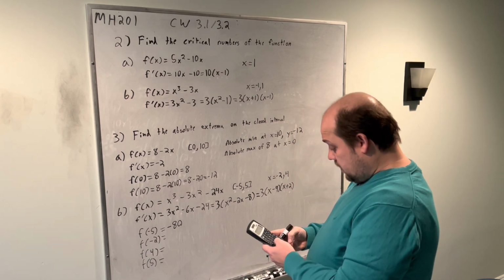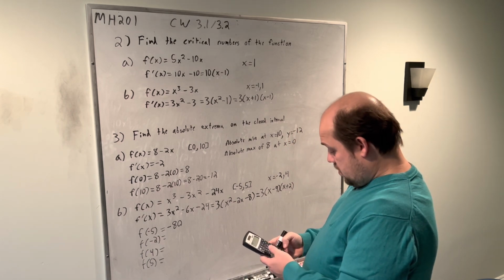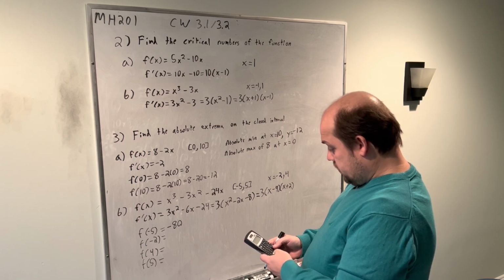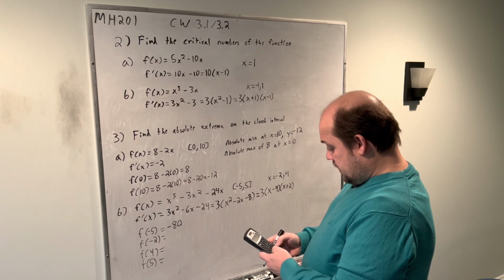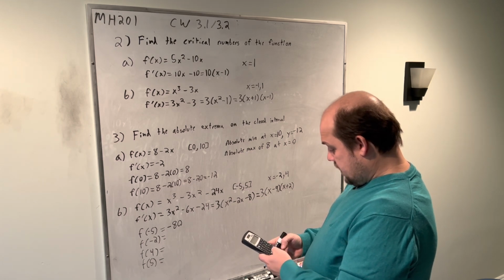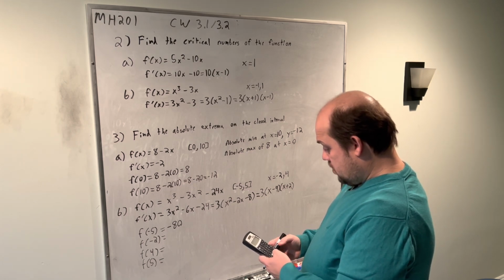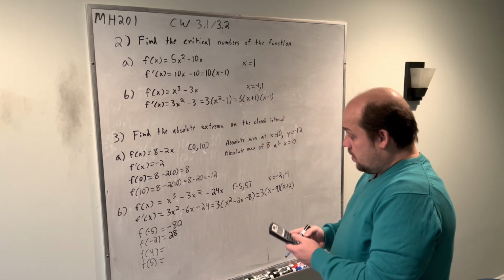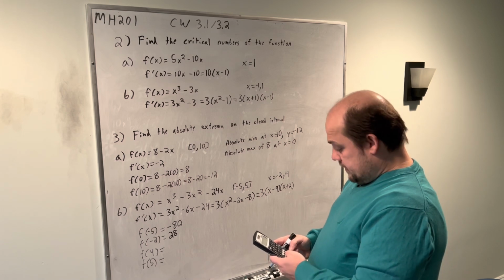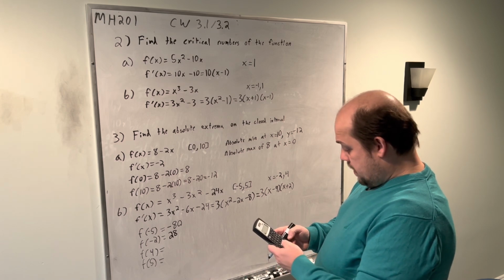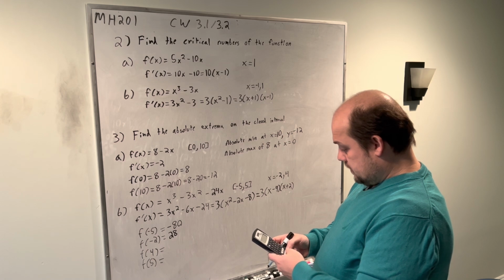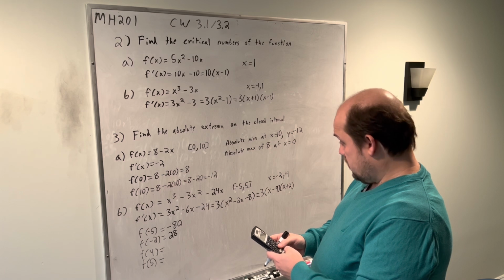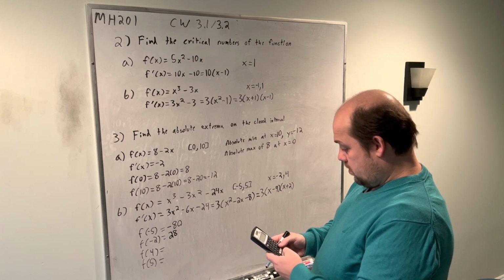If I now do negative 2 cubed, that gives me negative 8, minus 3 times negative 2 squared, which is 4, minus 24 times negative 2. When I do that, I get a value of 28. When I put in 4 cubed is 64, minus 3 times 16, minus 24 times 4.